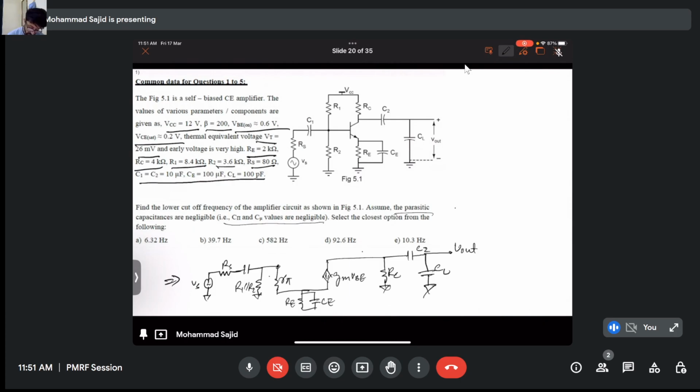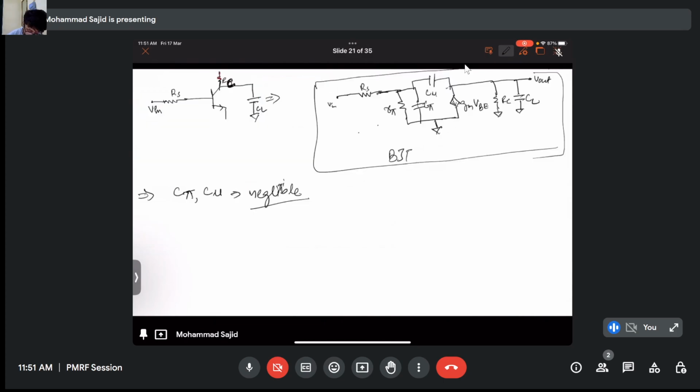Just remember that the lower cutoff frequency will be given by your input part. So how do you find it?